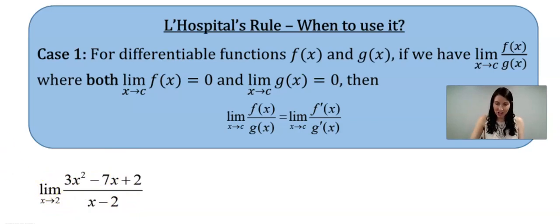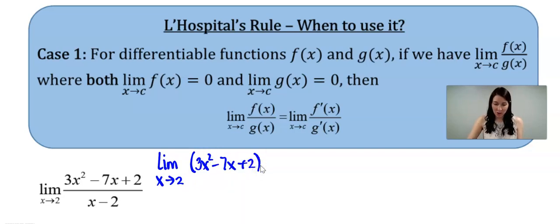So the first thing we check is, does the limit as x approaches 2 of the numerator 3x squared minus 7x plus 2, let's see what this will equal. By direct substitution, by plugging in 2 for x, 3 times 4 minus 7 times 2 plus 2, that gives us 0.